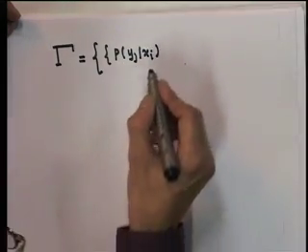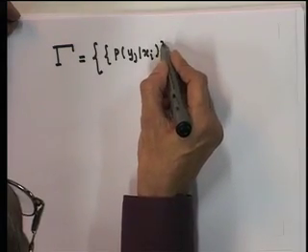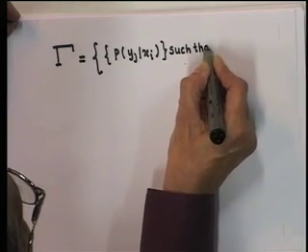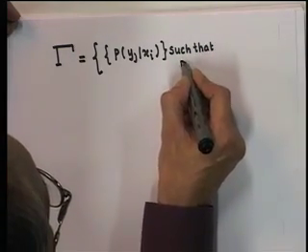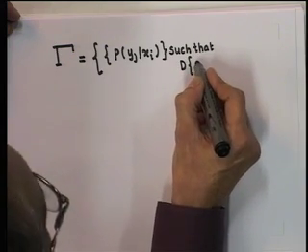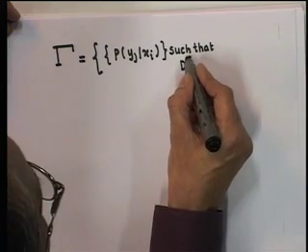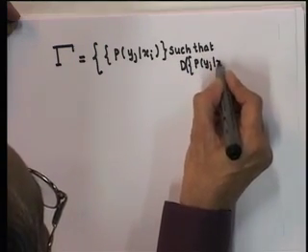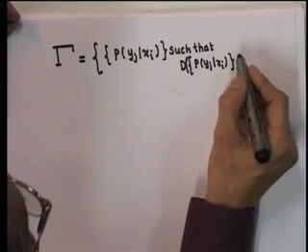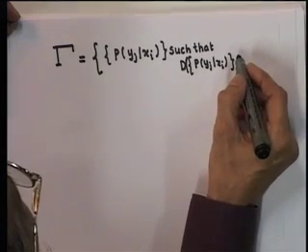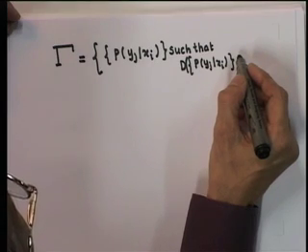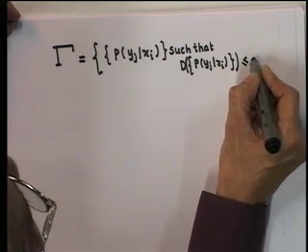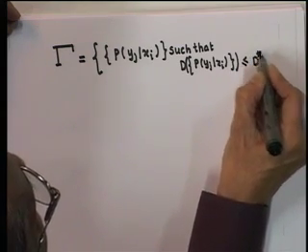Probability of y j given x i, that set such that distortion, which is a function of conditional probabilities, be less than or equal to d star.